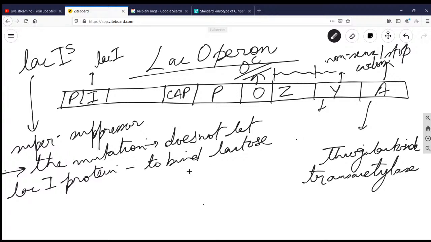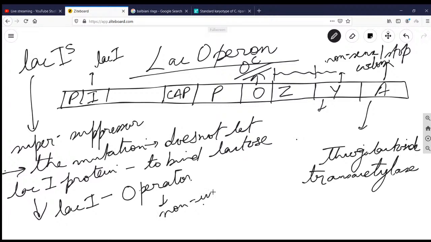If it cannot bind lactose, then LAC-I will be always bound to the operator region, and then it will be non-inducible. It cannot be induced by beta 1,4-allolactose. Its binding will be, you can say, irreversible.